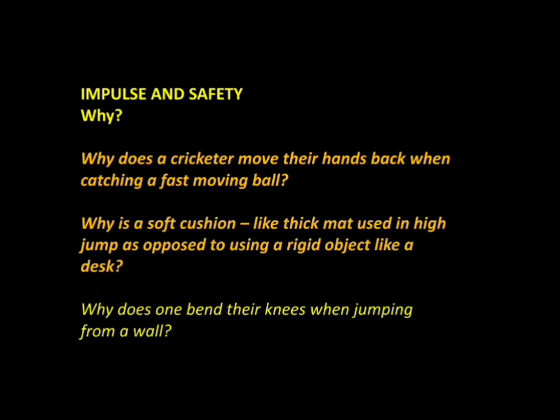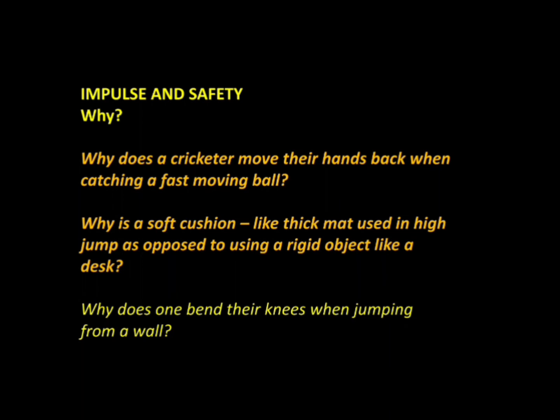Why is a soft cushion like a thick mat used in high jump as opposed to using a rigid object like a desk? Why does one bend their knees when jumping from a wall? It's all to do with the contact time. You're trying basically to increase the contact time and reduce the force of impact.